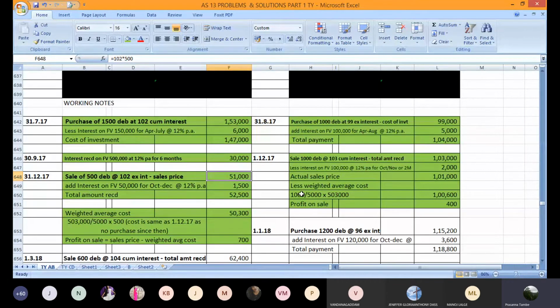Those who have not completed the working note, first complete the working note and then we will go to the accounting. Some of you, if you have not been able to finalize the working note, please write down the working note and then we'll go to the accounting entry. I'll give you a minute to write down the details.